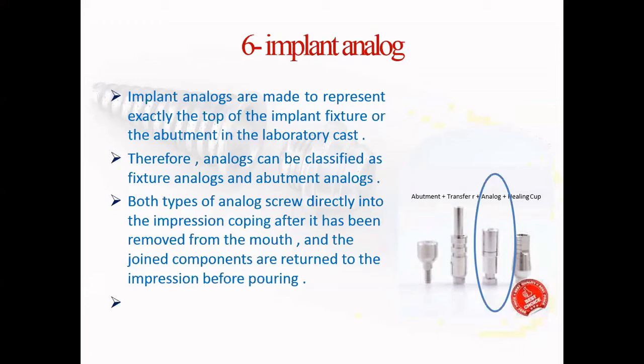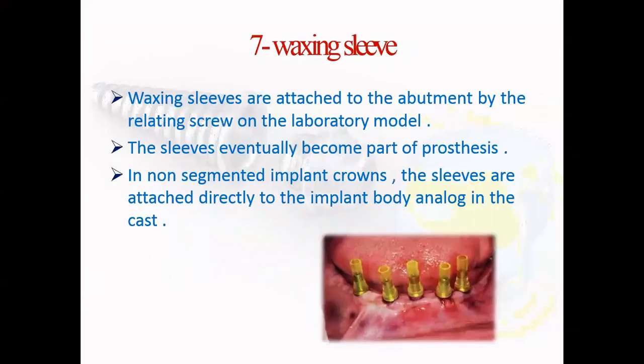So for laboratory work, this implant analog can be useful for making a denture or a crown. Therefore, analogs can be classified as fixture analogs or abutment analogs. So if we place an abutment analog, over which we can place the abutment, the crown can be made, and a fixture analog we can use for a screw retained crown.